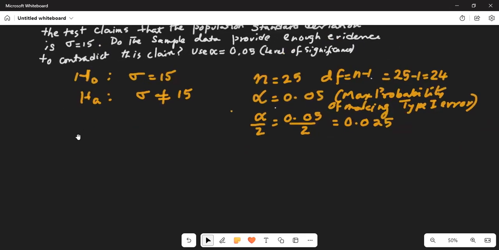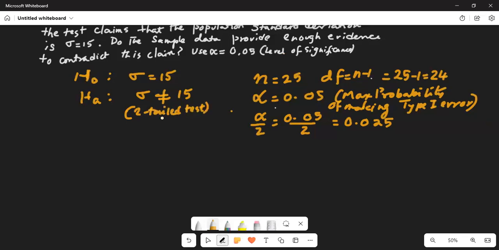So this is, of course, a two-tailed test. Two-tailed test means rejection of H0 will fall in both tails.